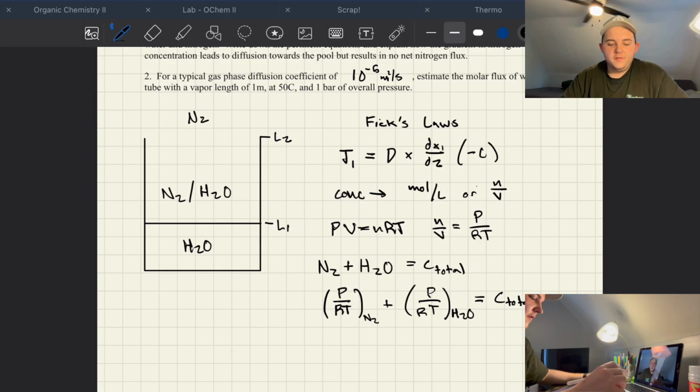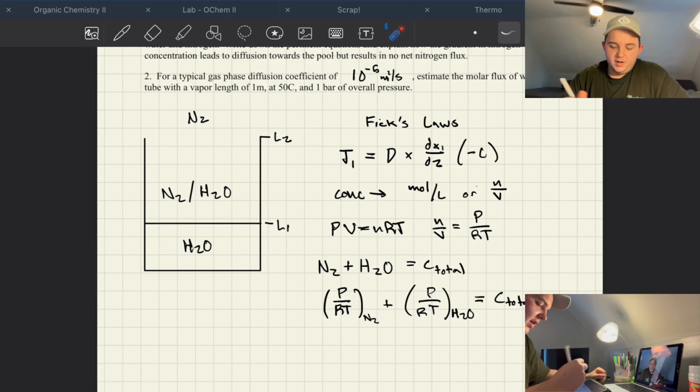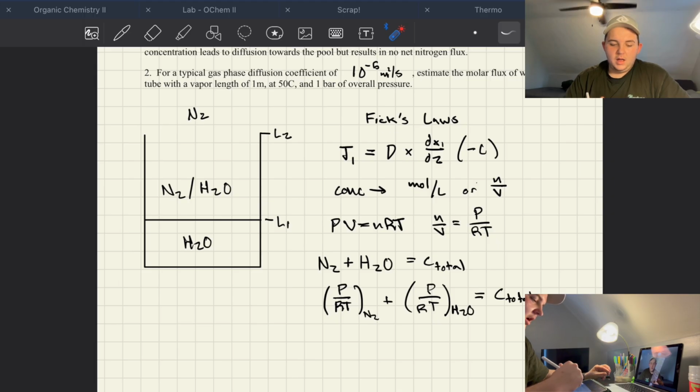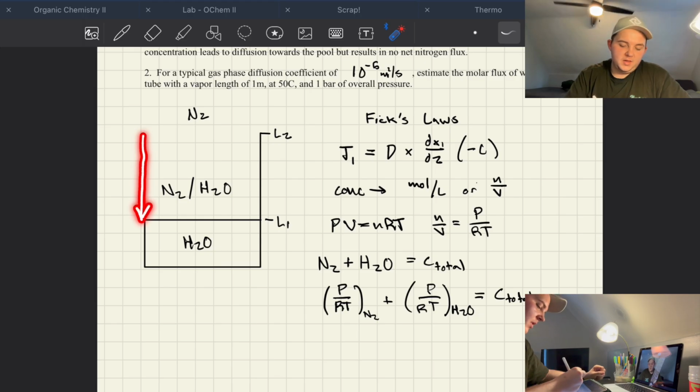Going into some more explanations, I'm going to use our laser pointer here. As we go from L1 slowly to L2, our concentration of water is decreasing, the further away we get from L1. The same will be seen with our nitrogen.